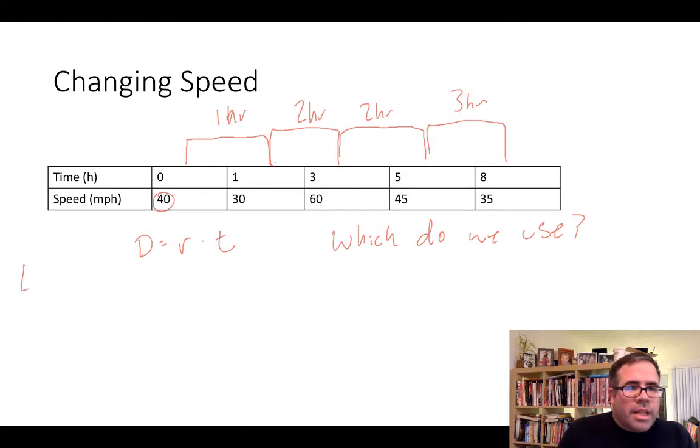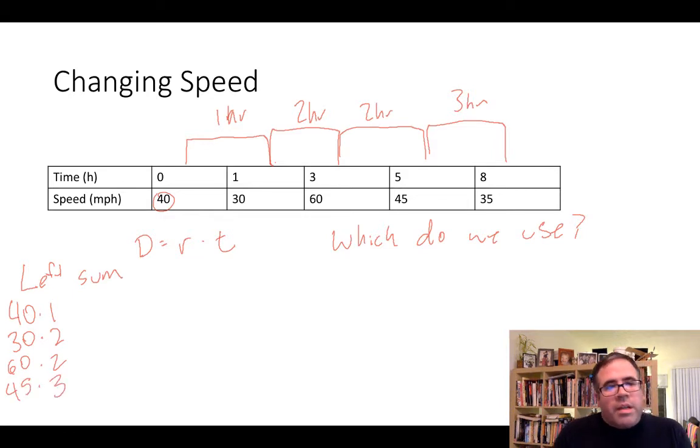We call this the left sum. The reason is on each one, we'll take 40 times the time, which is 1. And then we're going to take 30 times the time interval, which is 2. We're going to take 60 times the time interval, which is also 2. And we're going to take 45 times the time interval, which is 3.